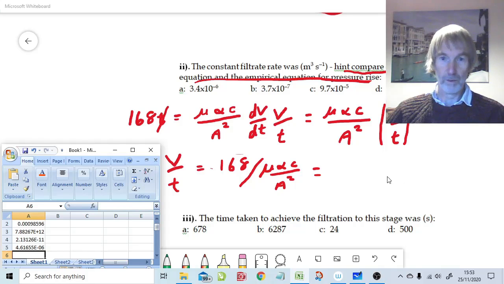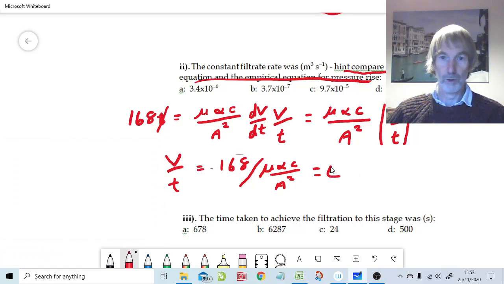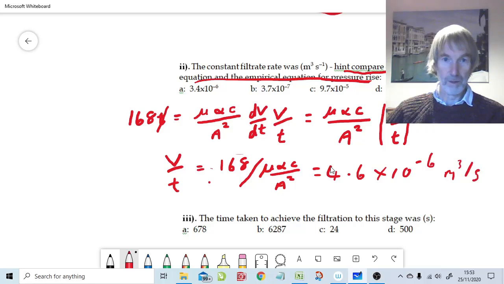So that is 4.6 times 10 to the minus 6 meters cubed per second, and that is the square root, because we had the square just here. So the answer is 4.6 times 10 to the minus 6 meters cubed per second.